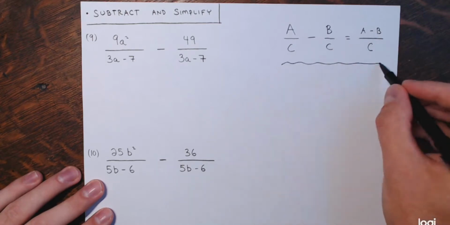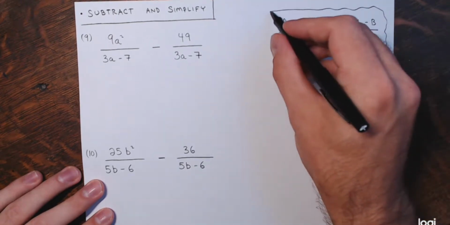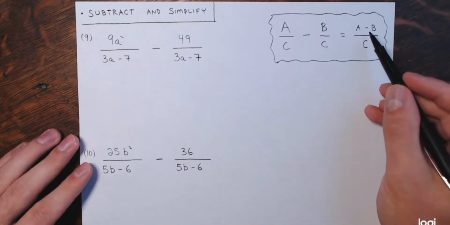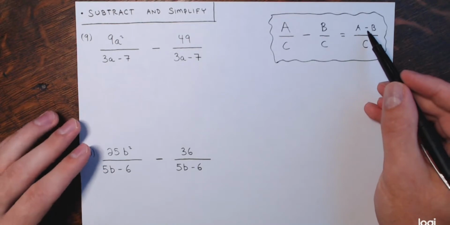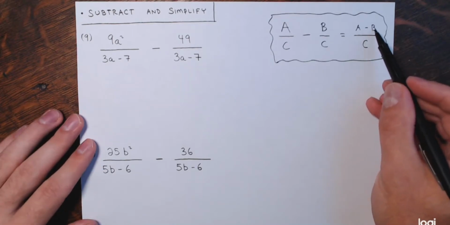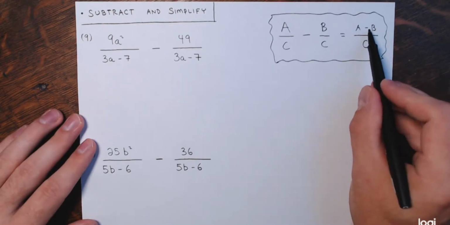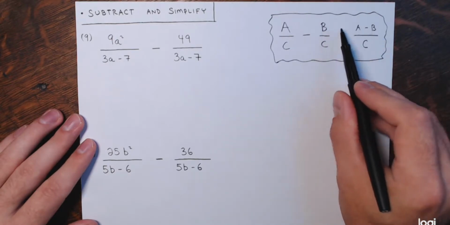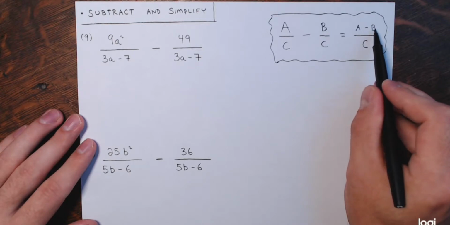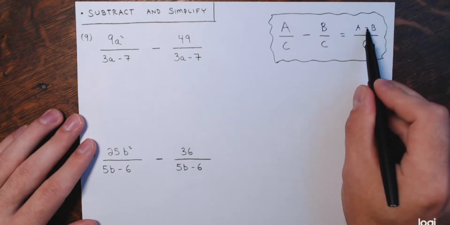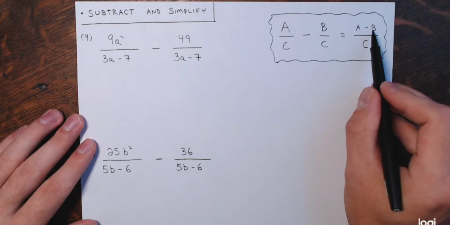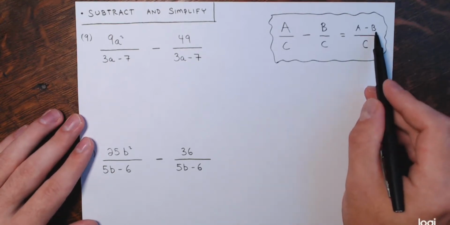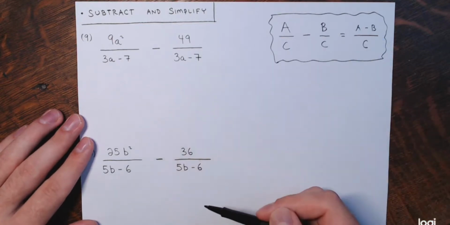I know I had this rule written up during example 1, but I just wanted to write it up again right here. It's a little trickier this time, because when we do a minus b, if the second numerator, this b, has multiple terms, you're going to be subtracting that entire numerator. So subtracting every single term, not just the first one. So we'll have to do some distributing if the second numerator has multiple terms, and we'll see that come up in later examples.